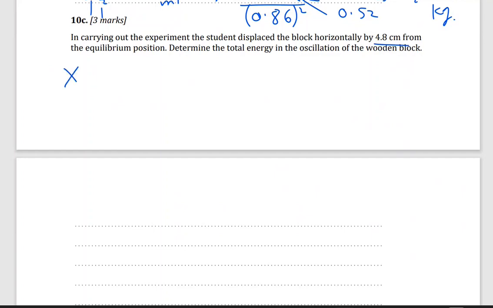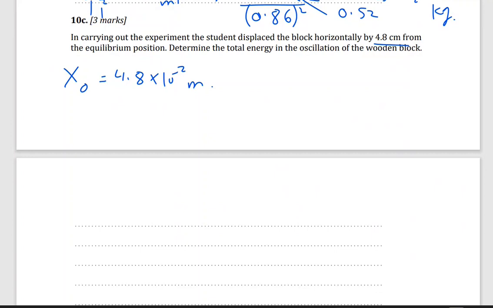We can call this x naught. 4.8 times 10 to the power negative 2 meters, or divided by 100. Division by 100 is the same as multiplying by 10 to the power negative 2. From the equilibrium position, determine the total energy in the oscillation of the wooden block.